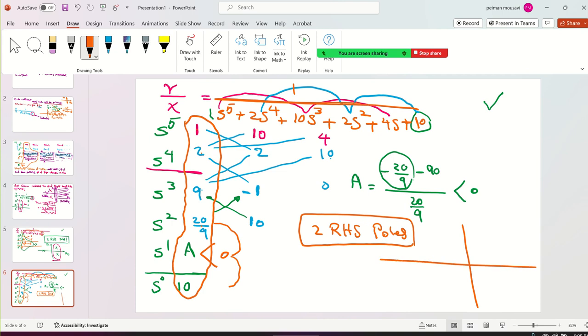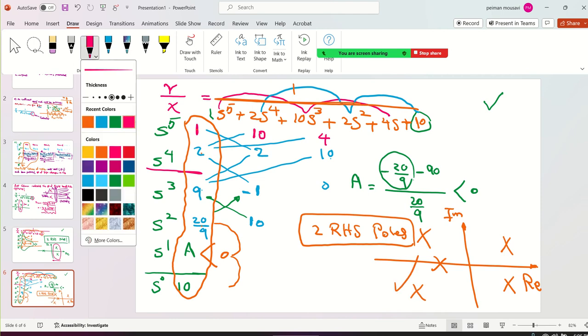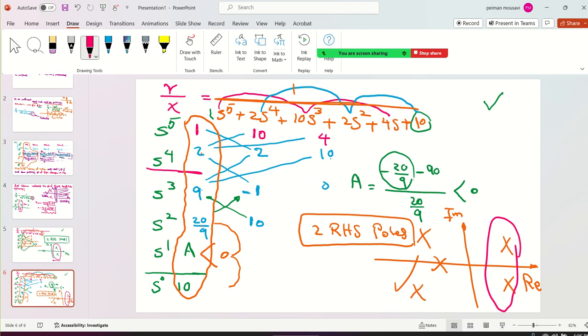If this is the complex plane, imaginary and real, it has poles like this, 2 here and here. These are good. You have danger here, in the unstable region.